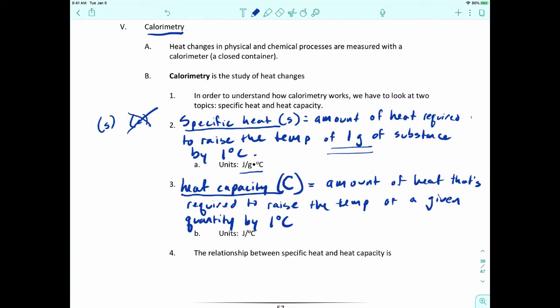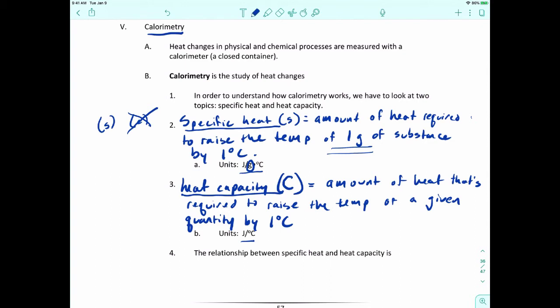Heat capacity, on the other hand, is talking about how much heat it's going to take to raise everything by 1 degree. So when we look at the units, specific heat has a mass unit in them. Heat capacity does not.